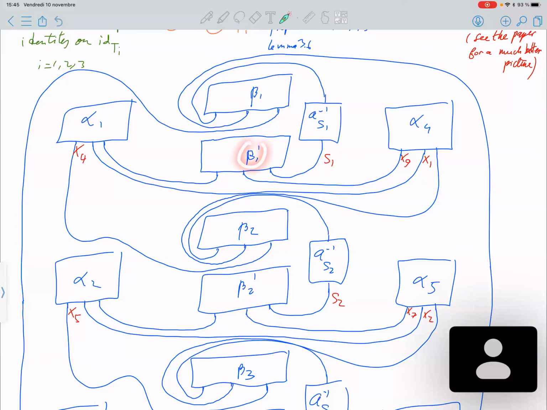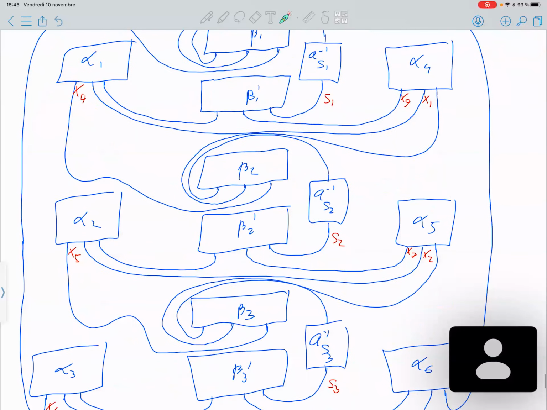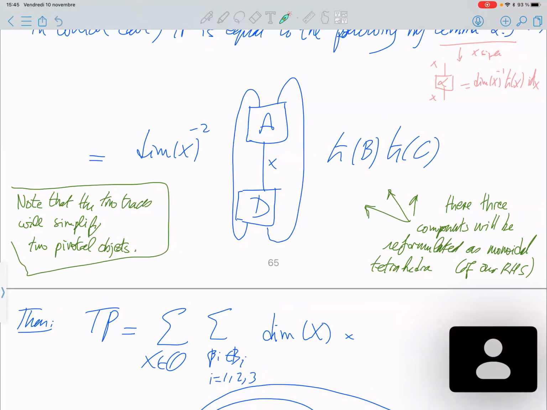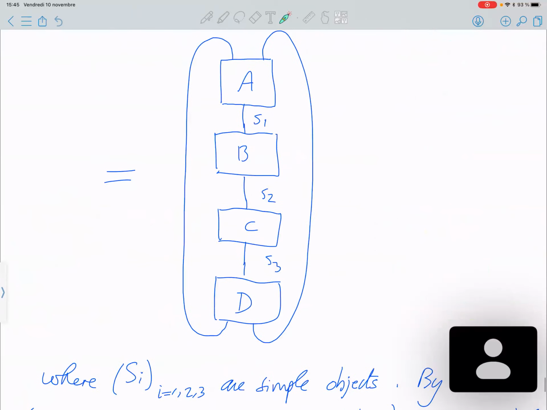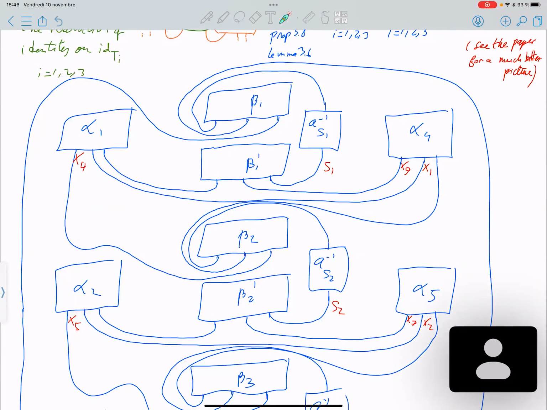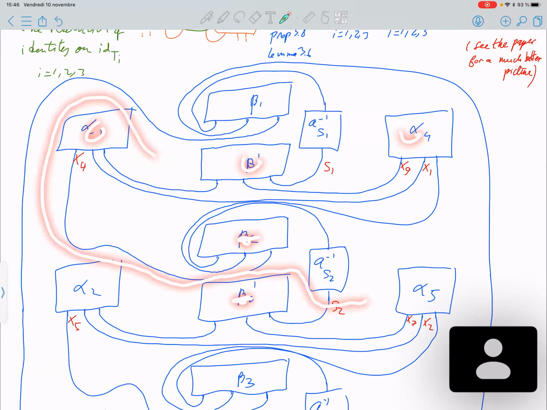So it should include this one, this one, this one, and go up to... wait, how many do you need? 1, 2, 3, 4. Let me check. Trace of B. So 1, 2, 3, 4. So that should not be inside. Yeah, so like that. You don't take it. Okay, like that. So this is B.